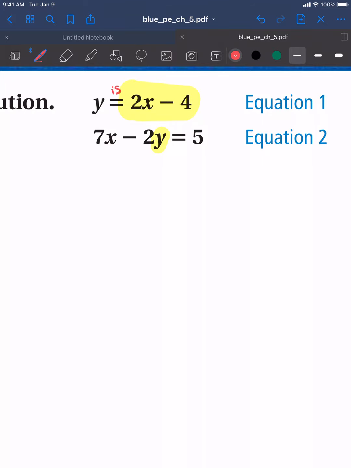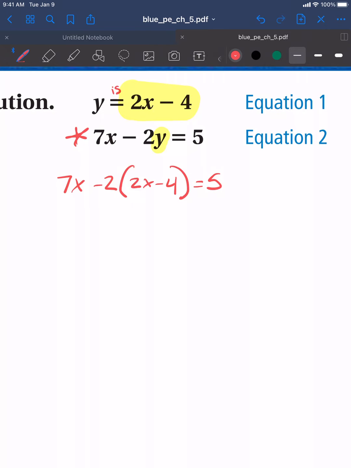If that's the case, how would I rewrite this new equation with, instead of a y, that yellow bit? 7x minus 2(2x minus 4) equals 5.